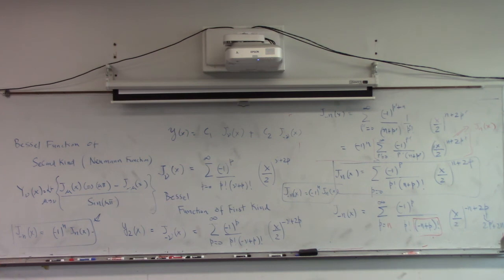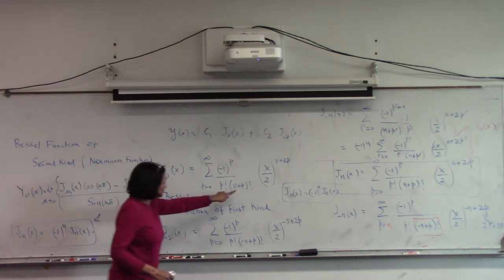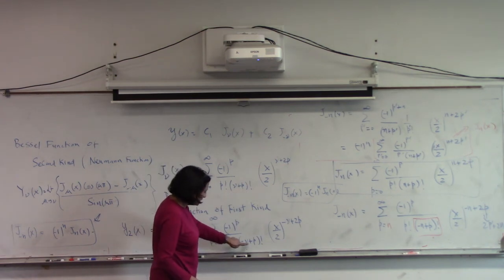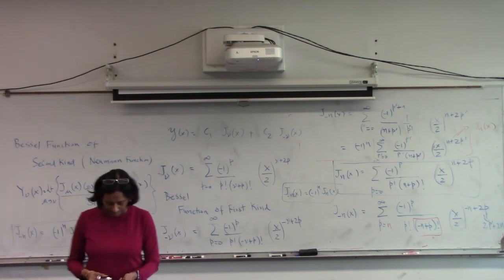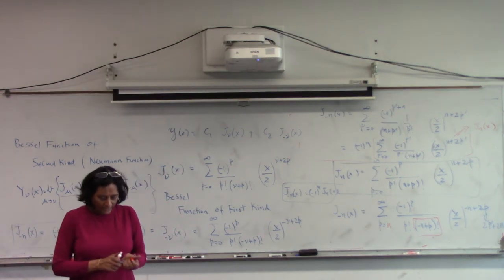The reason is I get it in the definition of the Bessel function. So all these things we write as gamma of mu plus p plus 1, and this is gamma of negative mu plus p plus 1. All right, let's stop here.